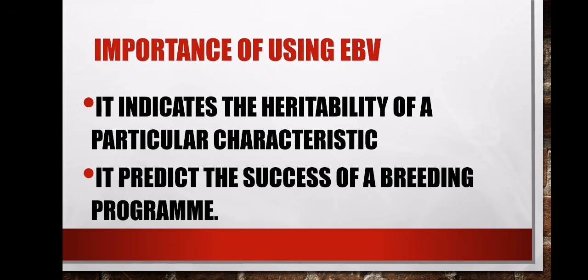If the breeding program is successful, we will see it by the fact that the offspring has a greater post-weaning weight, a greater slaughter weight, a greater fleece weight. That's what we will check. So there are two importances of using EBV: we want to indicate the heritability of a particular characteristic, and we want to predict the success of a breeding program.